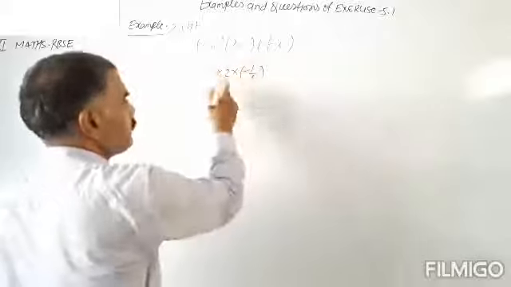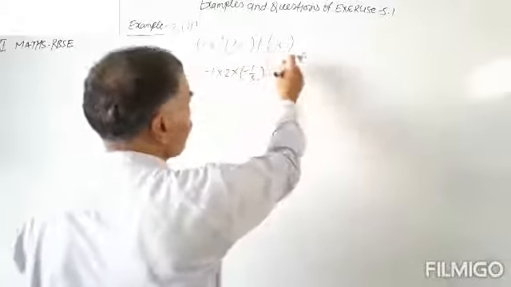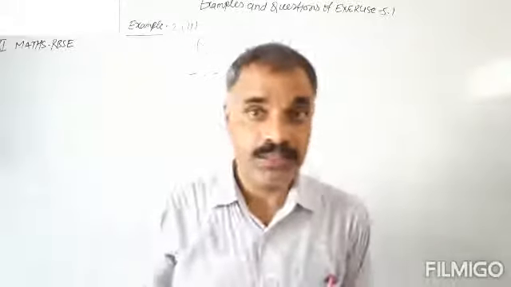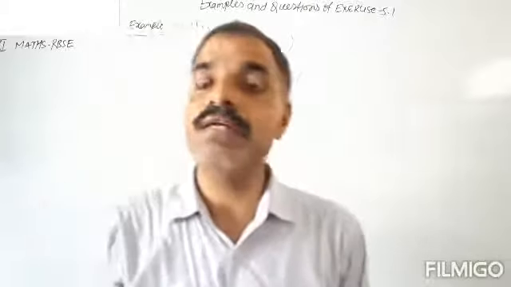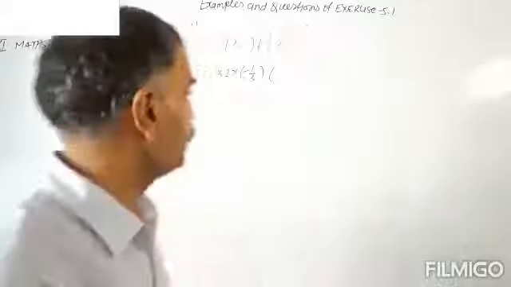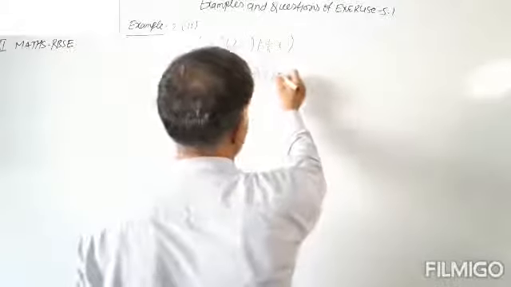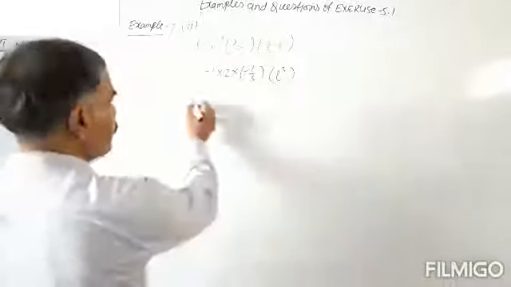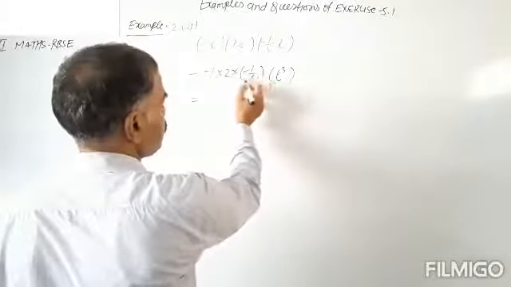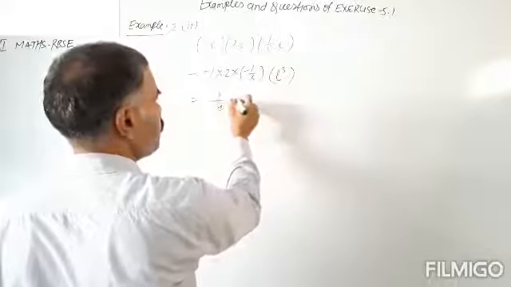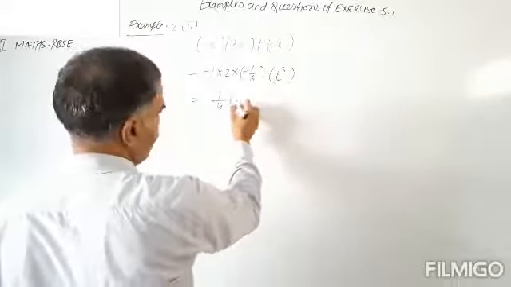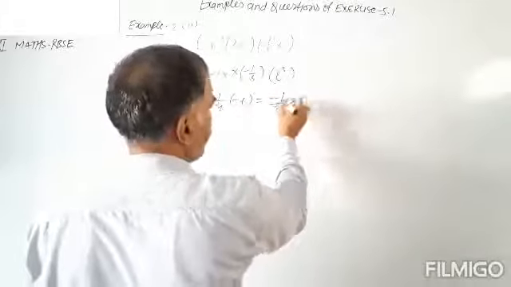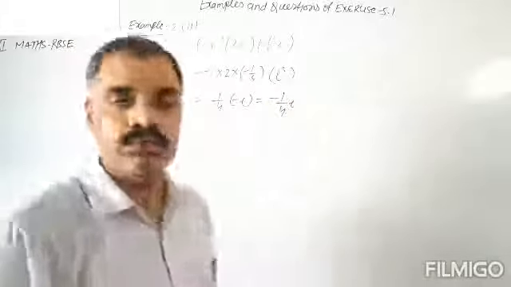Constants multiply with constants, and iota, the imaginary unit, multiplies with the imaginary unit. So we get iota to the power 3. Minus into minus 2 is plus, 2 into 8 gives 1 upon 4, into iota cube, and iota cube is equal to minus iota. So minus 1 upon 4 iota.